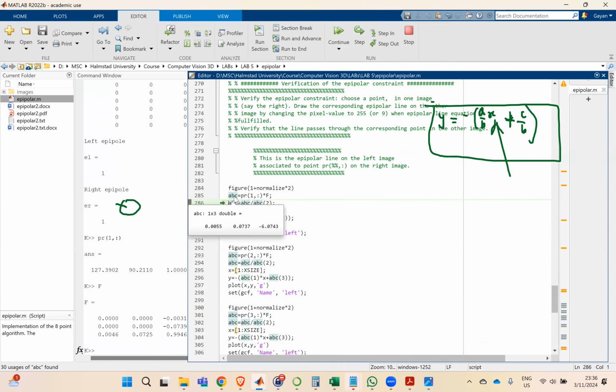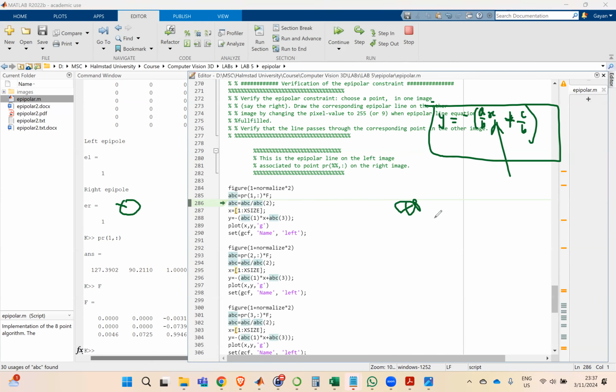So these are the three values. You can see it's not a point. The last value is not 1. It's not a point. It's not homogeneous coordinates. It's coefficients. Okay. Now we need to put them into this equation. So what is B? We got the equation as AX plus BY plus C equals 0.